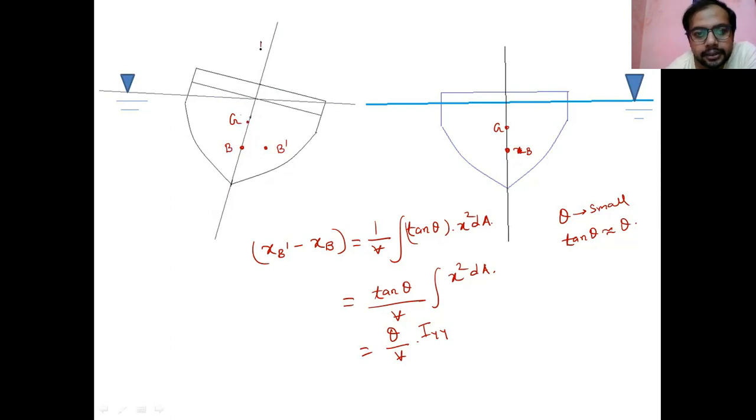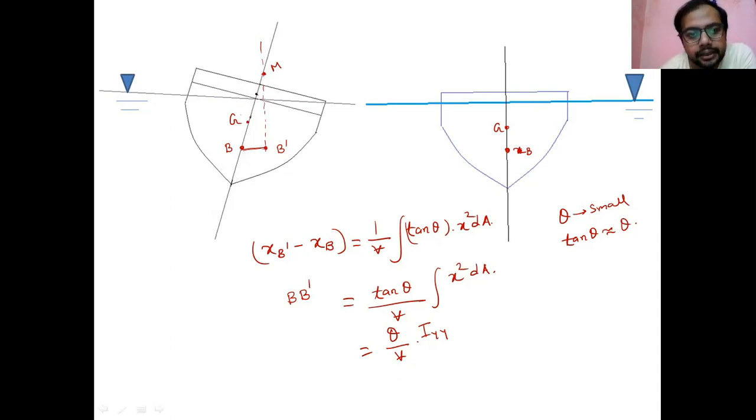From B dash, if you draw a perpendicular line, where it meets is the metacenter. We have already defined it. And this distance is xb dash minus xb. So BB dash is nothing but xb dash minus xb.